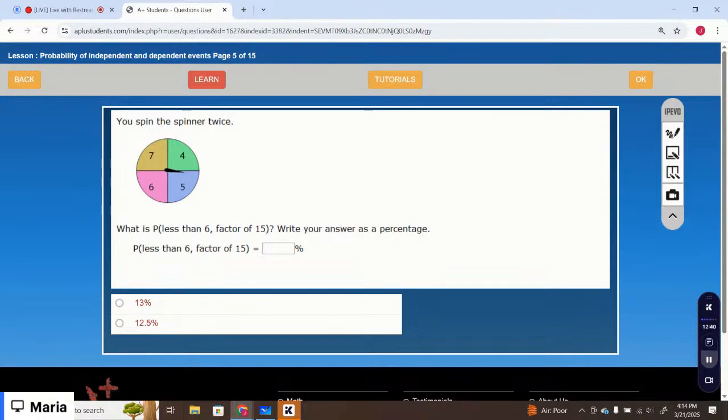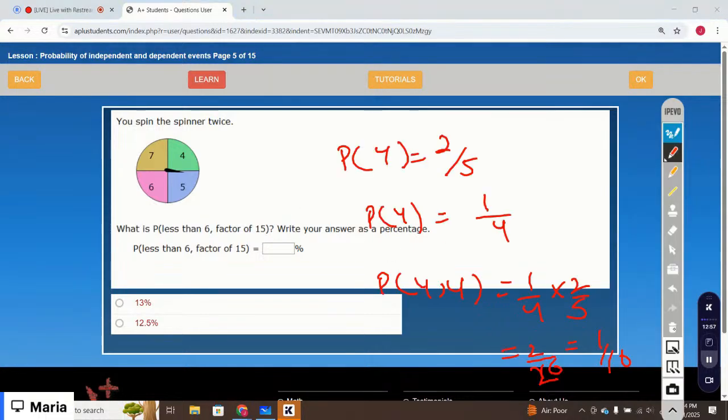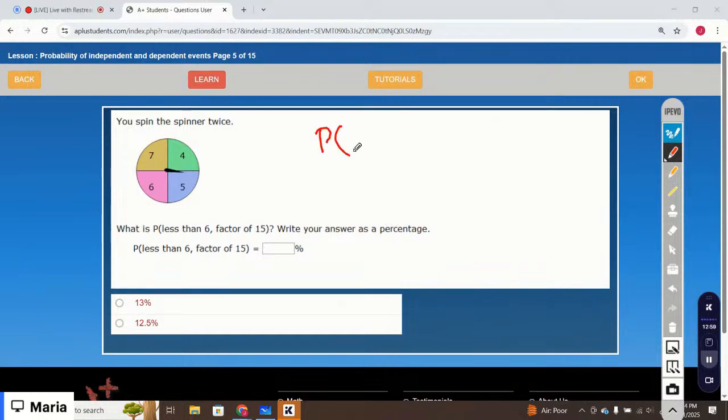You spin the spinner twice. What is the probability of less than 6 and factor of 15? The probability of less than 6: you have two numbers that are less than 6, so 2 out of 4.